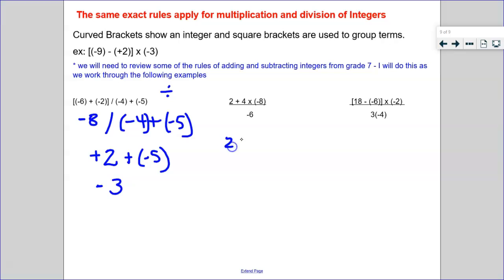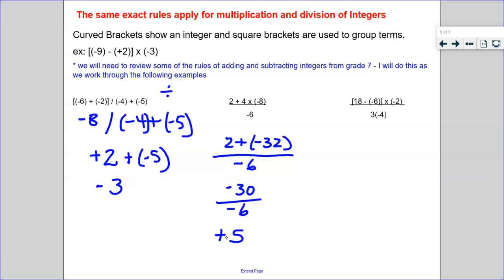So we've got 2 plus 4 times -8, which is -32, divided by -6. All of this is divided by -6, so we're finishing up here. So +2 plus -32 is -30, divided by -6. Two signs the same, so we know our answer will be +5.